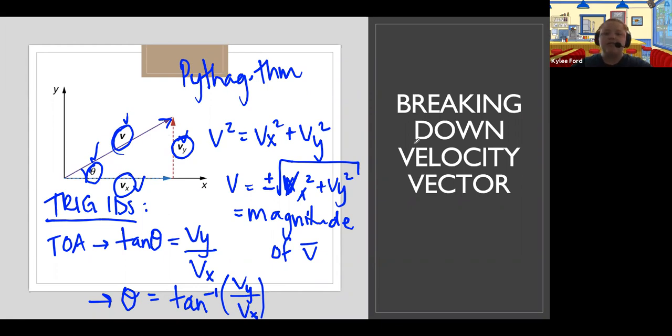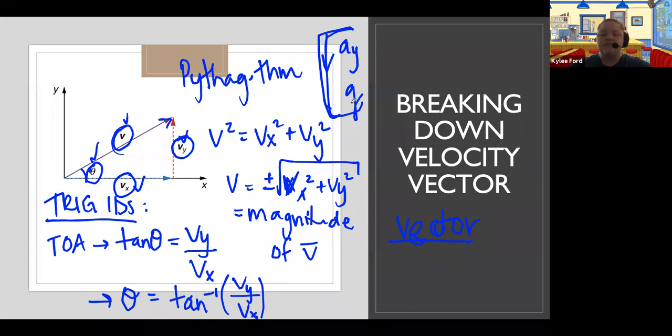So again, breaking down the velocity vector is the same thing as breaking down any kind of vector, the same exact thing. And we can do this with acceleration as well. We typically won't see any acceleration in the x direction. A lot of times we'll be looking at acceleration in the y direction because that is due to gravity. So that is going to be typically what we'll see.